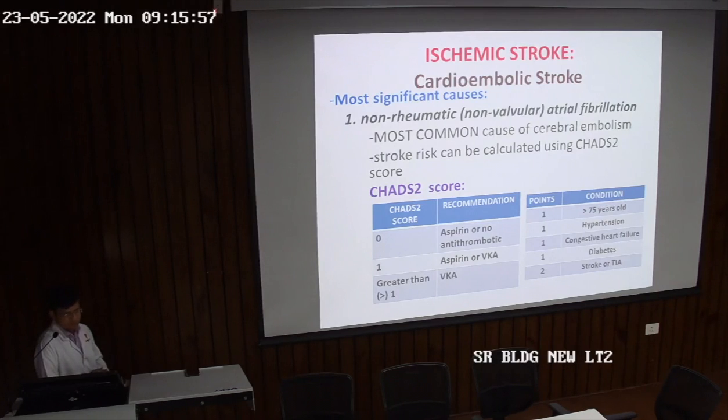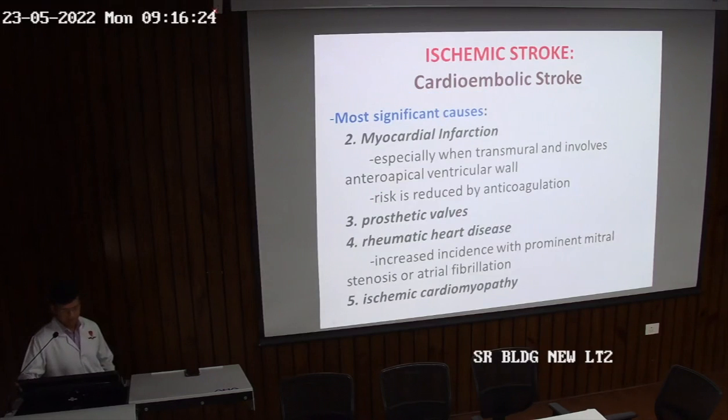If a patient is suffering from atrial fibrillation, the risk of stroke can be calculated by the CHADS2 score, and according to this score there are recommendations on whether these patients should be given aspirin or an anticoagulant. According to the score, these patients should be started on aspirin or anticoagulation to reduce the risk of stroke.